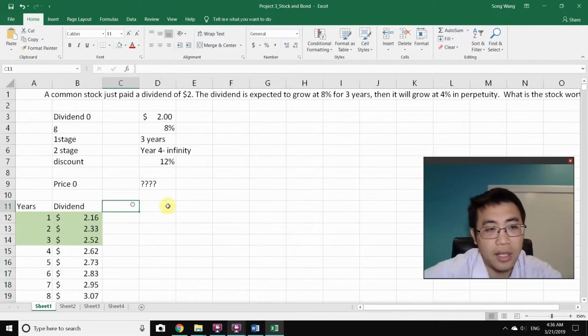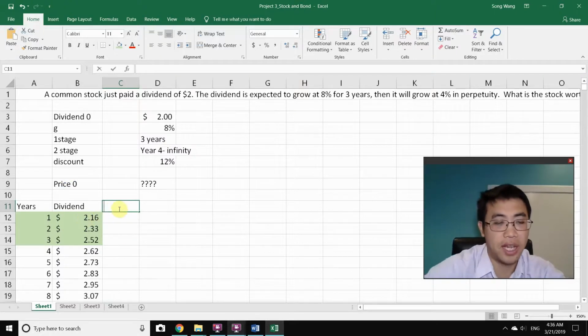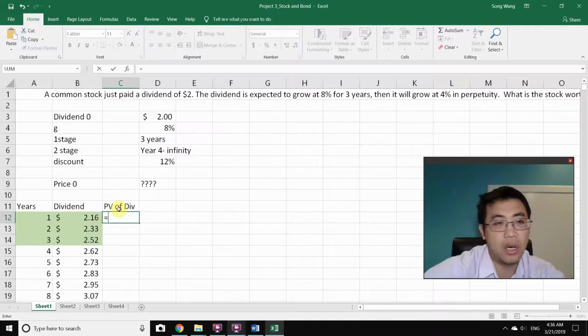The thing is, to account for the stock price today, I'm not simply adding all these dividends at their dollar figure. Instead, I need to discount, or get the present value of, the dividends. So I will apply a 12% discount rate.